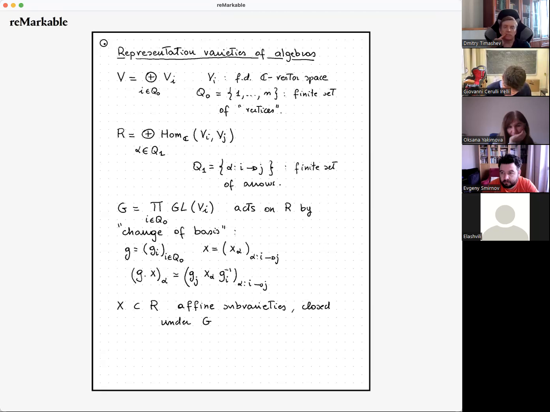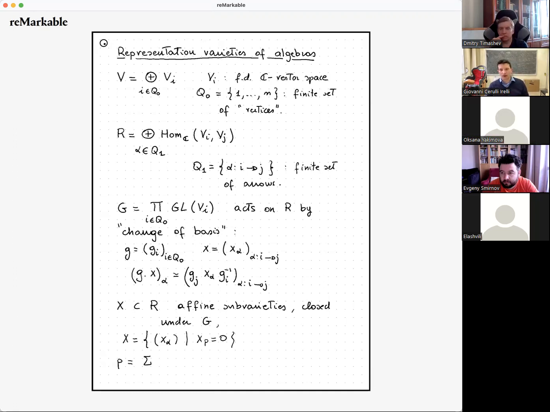And these varieties are given by some conditions. So these are points X alpha such that XP is 0, where P is a linear combination of compositions of arrows.